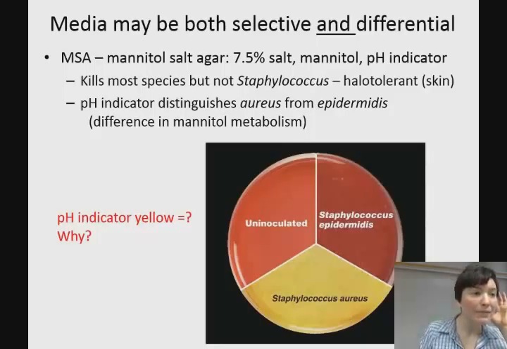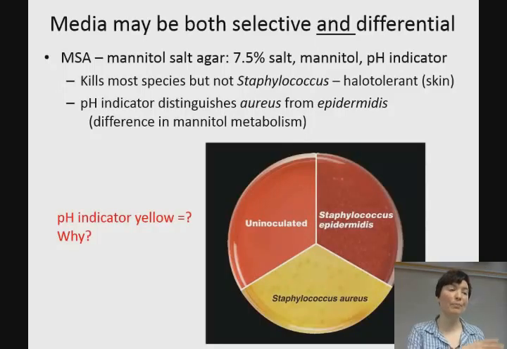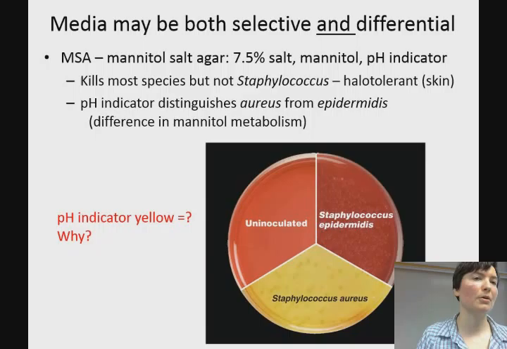Say again? More acidic. So the product that you make, mannitol gets turned into something that can be part of the glycolysis pathway and ends up as pyruvate. We have to regenerate our NAD. So we put our electrons on pyruvate with some enzyme, which in this case makes whatever acid it makes. And if the medium becomes more acid, we can tell that because there's also a pH indicator.